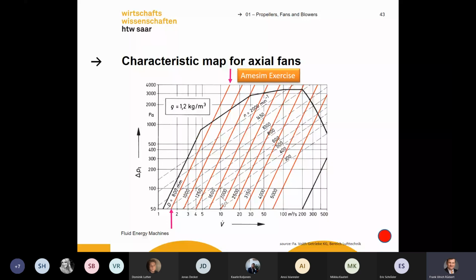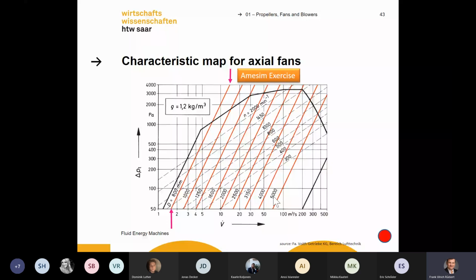I want to come to the end now. It's nearly 9:30. This efficiency map or this diagram, we will need it later for the simulation exercise.